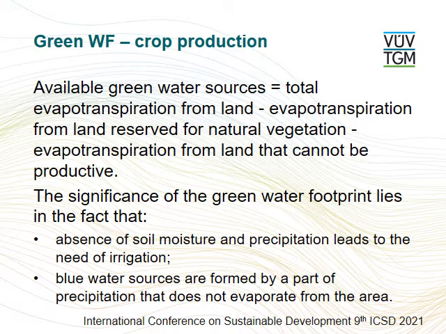And the second point is that blue water resources are formed by the part of precipitation that doesn't evaporate from the area. If you consume these precipitations by crops, then you reduce the availability of blue water resources.